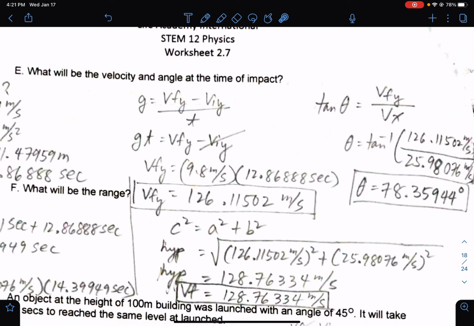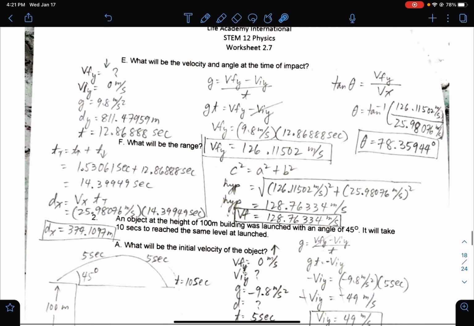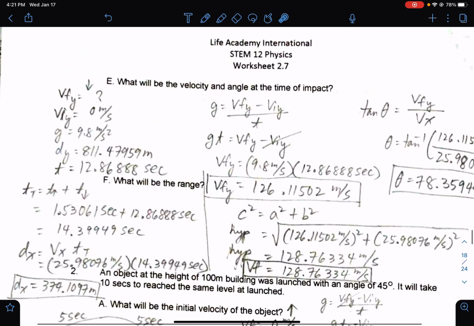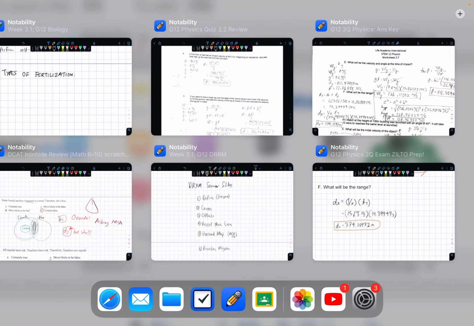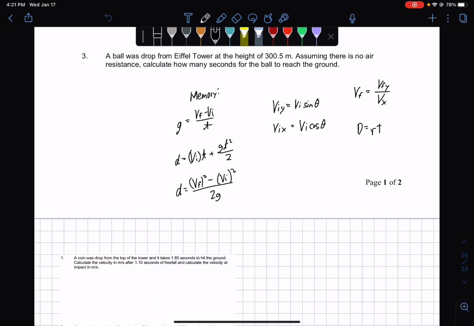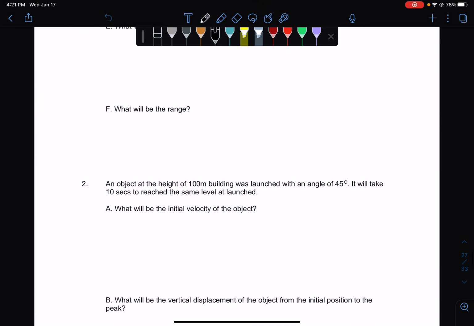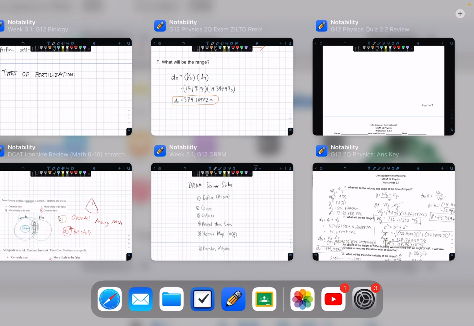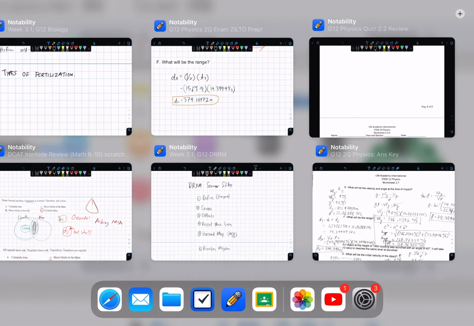It's VF. Seems suspicious. What is the range? Is it dx or VF? I don't seem to have any notes for that anymore, which is awkward.